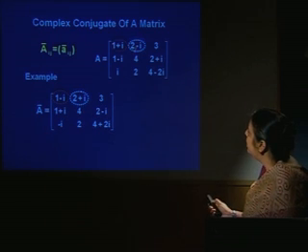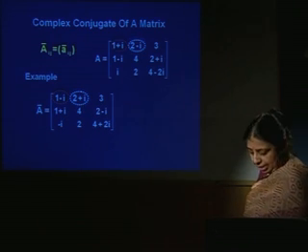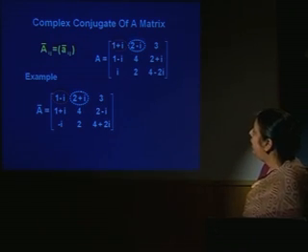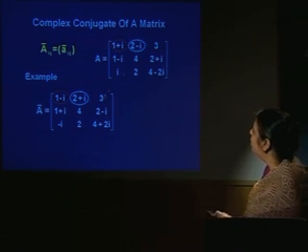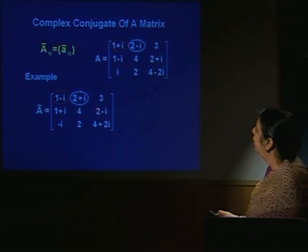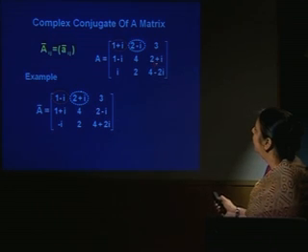So, for 2 minus i, here we have 2 plus i, and this is true for each and every element. When it comes to the next element, 3 is a real number, its complex conjugate remains the same, so it is not affected. But for 1 minus i, here we have 1 plus i. 4 is real, it is not affected. 2 minus i is the complex conjugate of 2 plus i. Here we have i, here we have minus i.